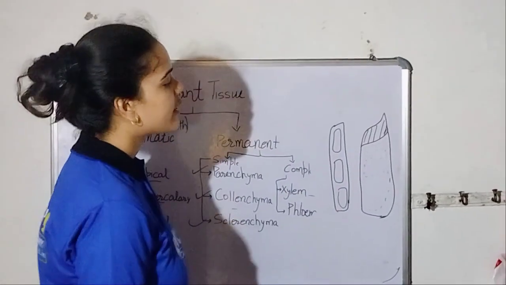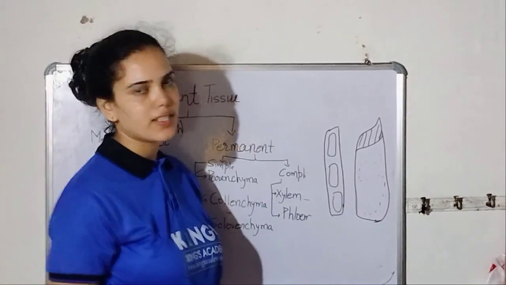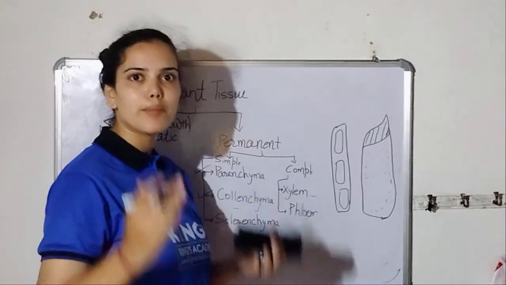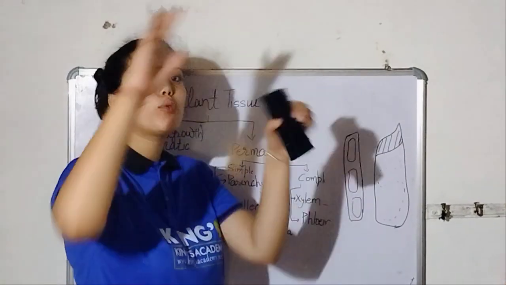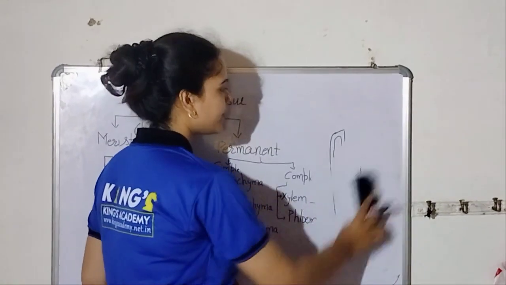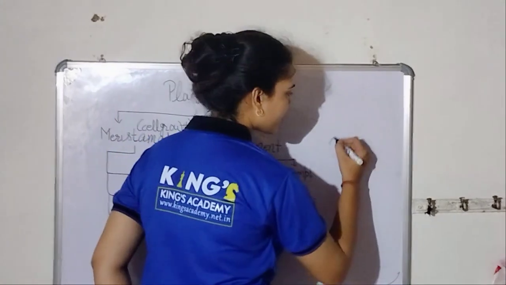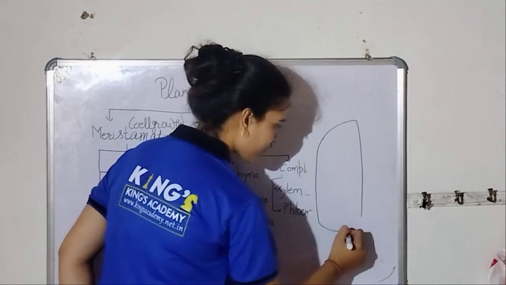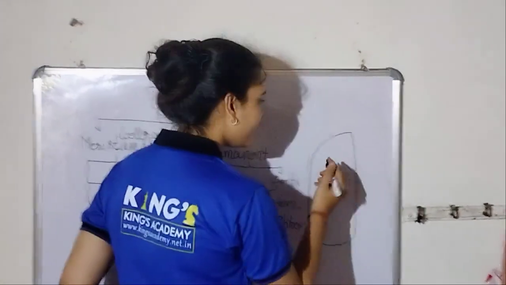These two diagrams indicate xylem tubes and xylem vessels, and this is how they perform their function. They take the water and minerals from roots and carry them upwards and distribute them to the whole plant. Now we will draw the diagram of phloem cells. This is a simple phloem cell.